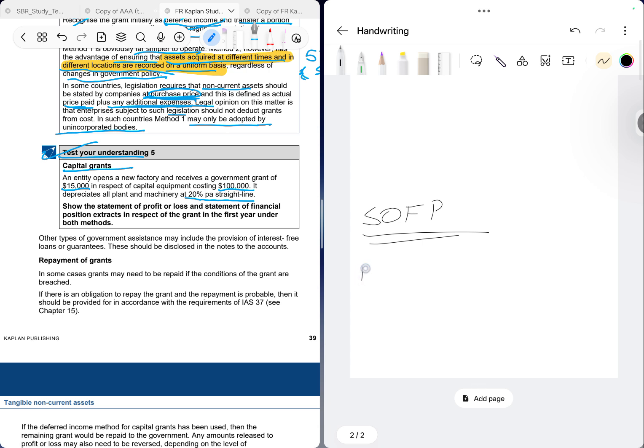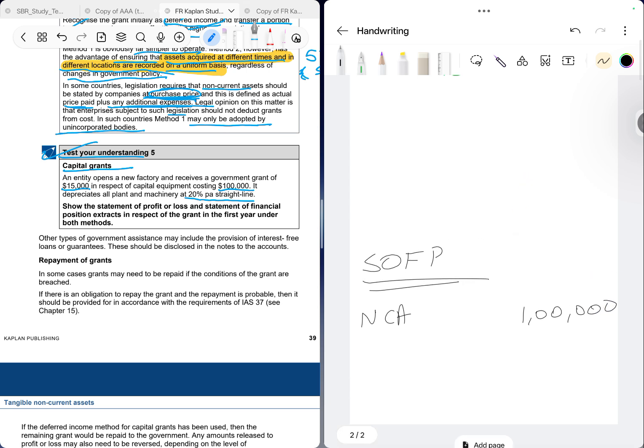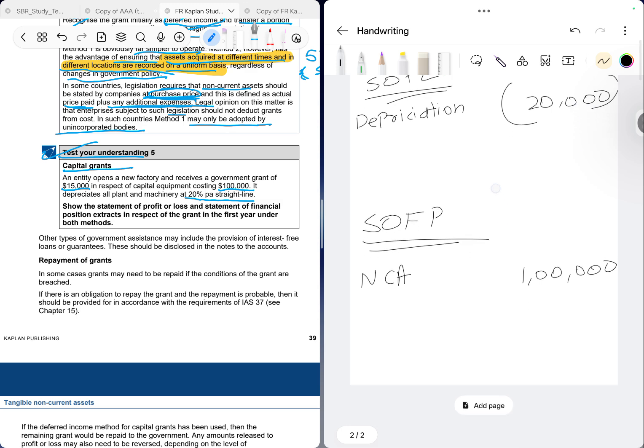So my non-current asset will be 1 lakh, and for depreciation, they have told me to charge depreciation on a straight line basis, right? So in my statement of profit and loss, my depreciation will be 20,000 because 20% of 1 lakh is 20,000. This is my loss.